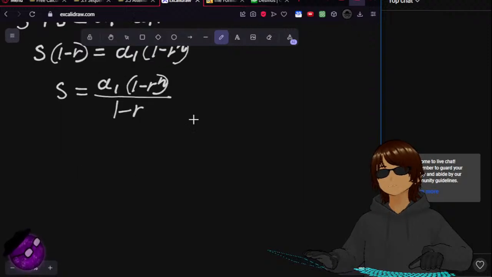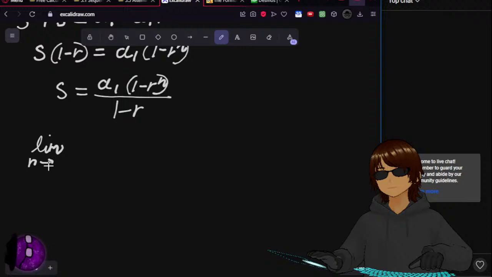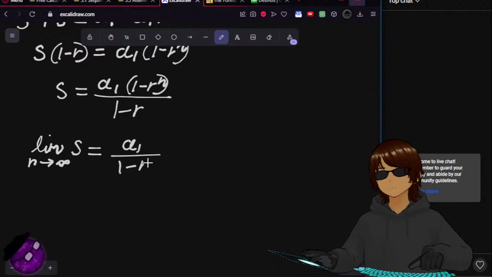Now, if n goes to infinity, then we have this: first term divided by 1 minus r.